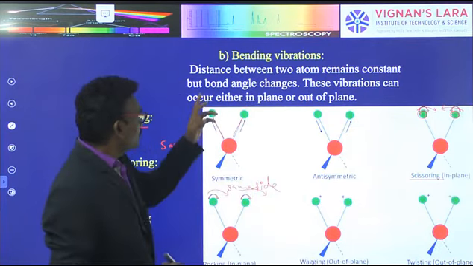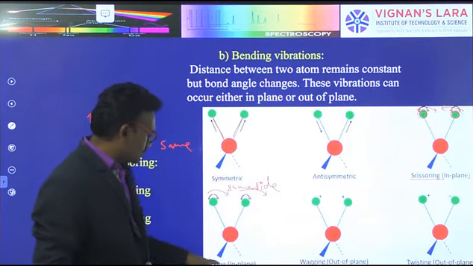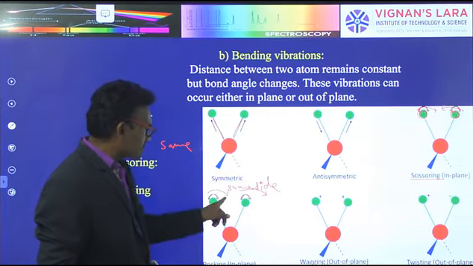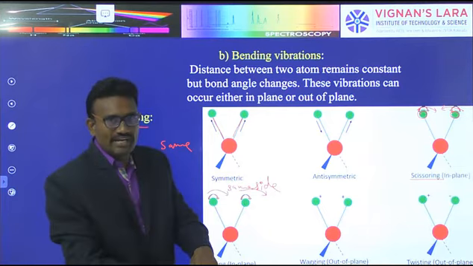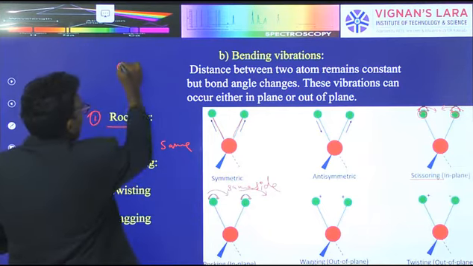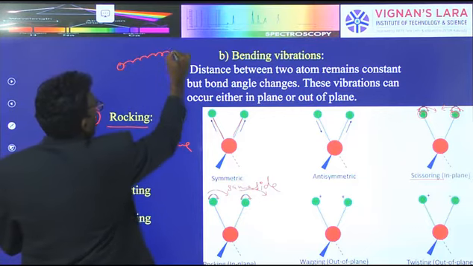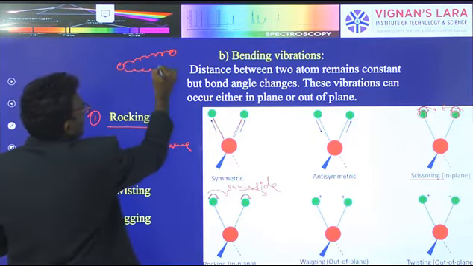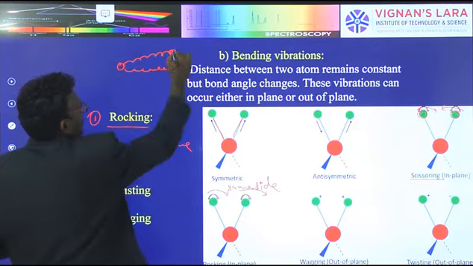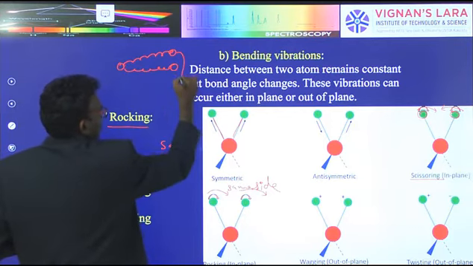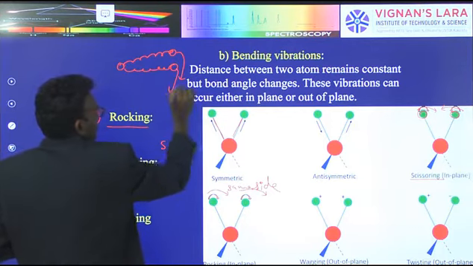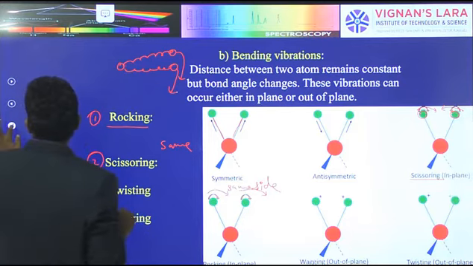Okay, so bending has been discussed. Rocking means the atoms bend to the same side. This is an atom, this is an atom, and both are bended to the same side. That is called rocking.